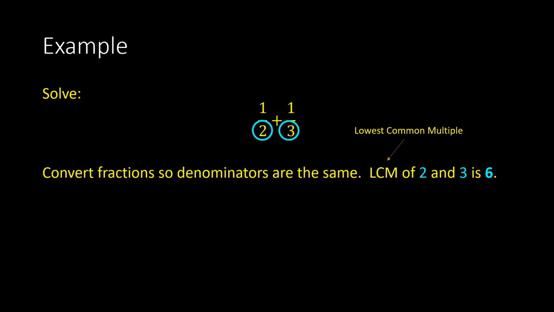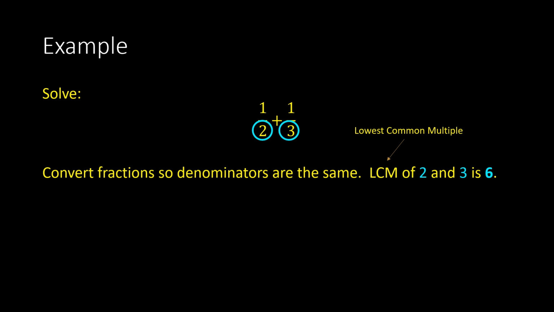For smaller numbers, it is easier to find this, so it is easier to see that the lowest common multiple, or LCM, of 2 and 3 is 6. We will look at techniques for calculating the LCM of more complex cases in a later video.